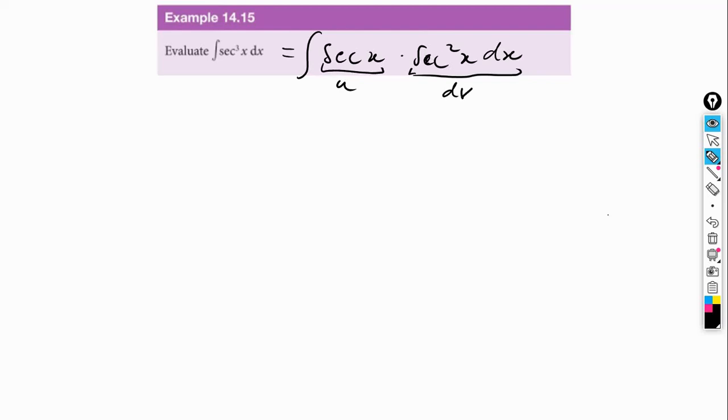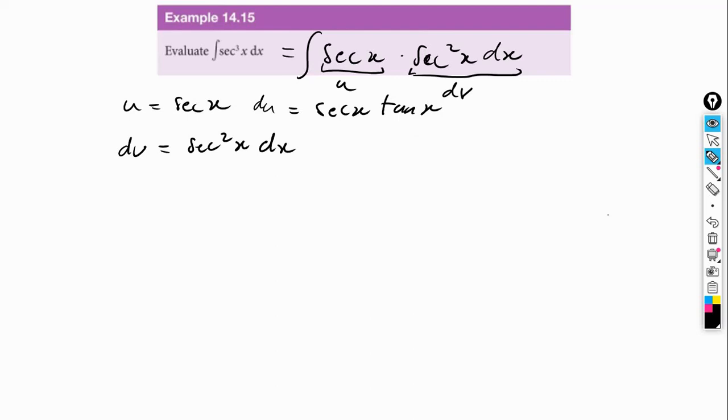So we would say, okay, let's make u equal to secant of x. Therefore, derivative of u is going to be secant of x times tangent of x. And if we say derivative of v is secant squared of x dx, that means that v is going to be tan of x. And then we can just do integration by parts.